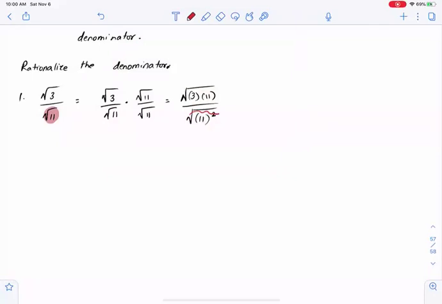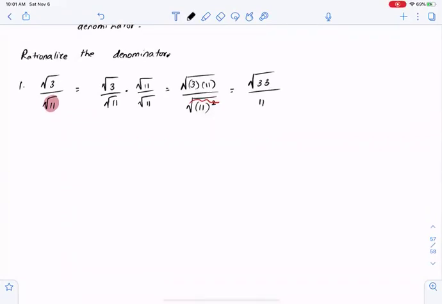The root and the square will get cancelled. So we end up having square root of 33 divided by 11. Now we got rid of the radical that was in the denominator.